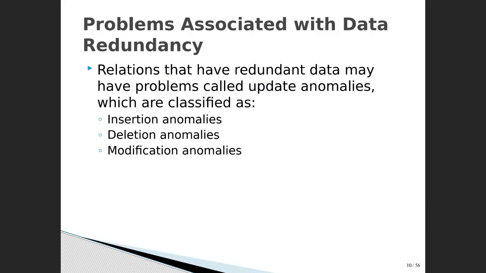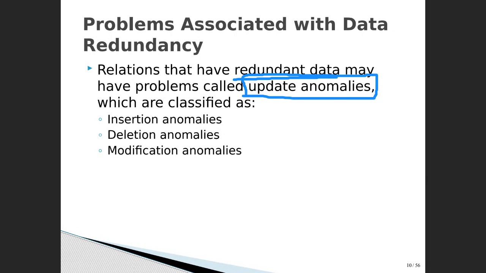Any relations that have redundant data may have problems. What are the problems? We call them update anomalies. The problems that appear in relations with redundant data are known as update anomalies.